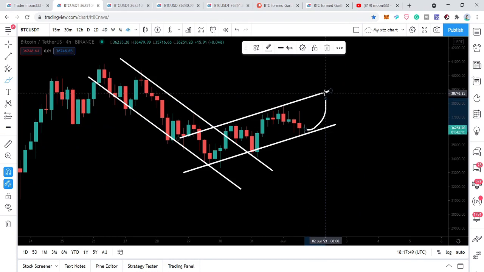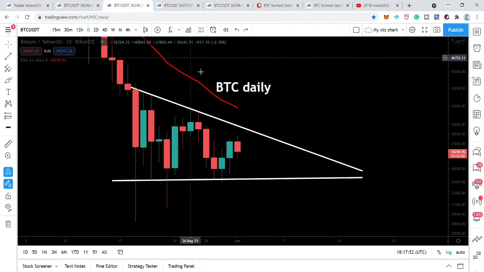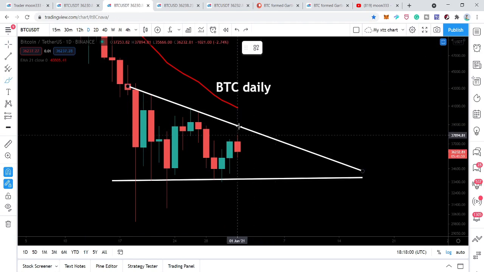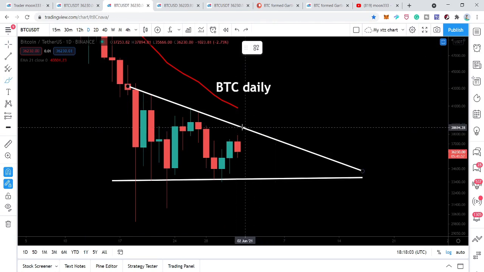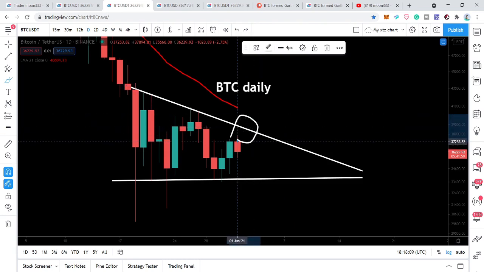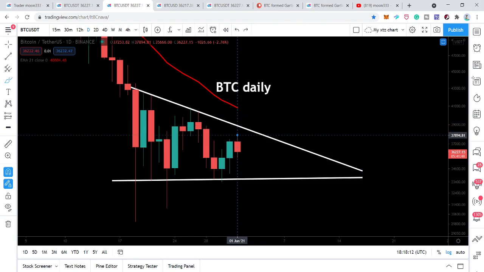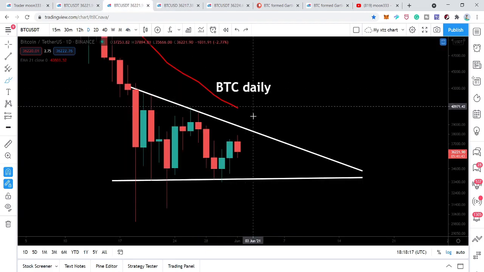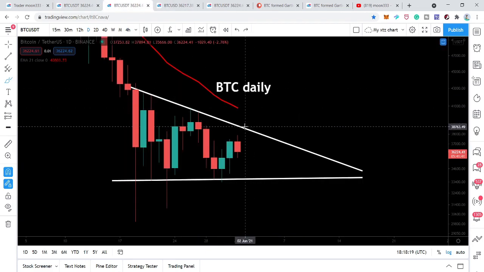And if the price action moves to $38,500, at the same time it can also break out this resistance of this descending triangle, because if we take a look at this level where we have this resistance of this descending triangle, that is approximately at $38,500, and at the same time the price action will be at the resistance of this up channel, and it will be at the resistance of this descending triangle as well.